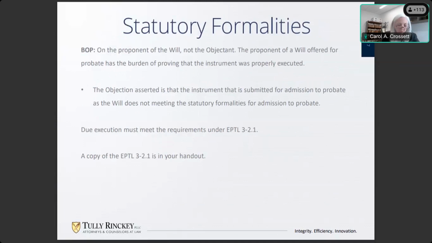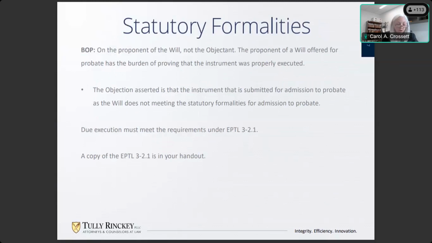As for the supervision of an attorney, there are two points I wanted to make here. First of all, the supervision of an attorney gives rise to an inference of due execution, and there's case law for that proposition. Matter of Hedges is one, a Second Department 1984 case.